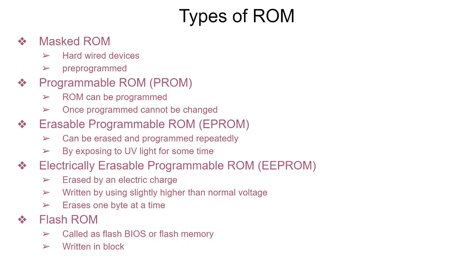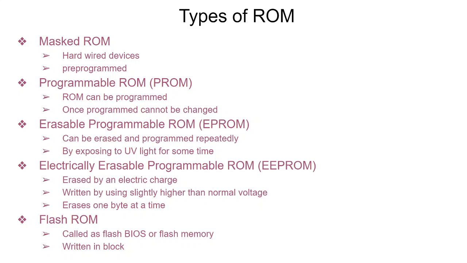What can be done is that the user, or the one who actually knows how to program this ROM, can just get the blank ROMs that are freely available in the market, that is, blank PROM chips. They are bought and the users can code them as per their choice.